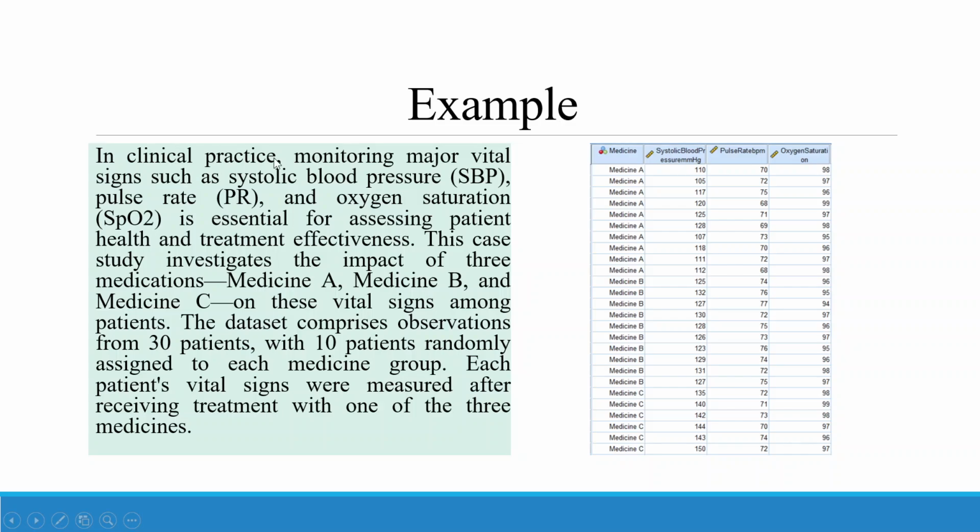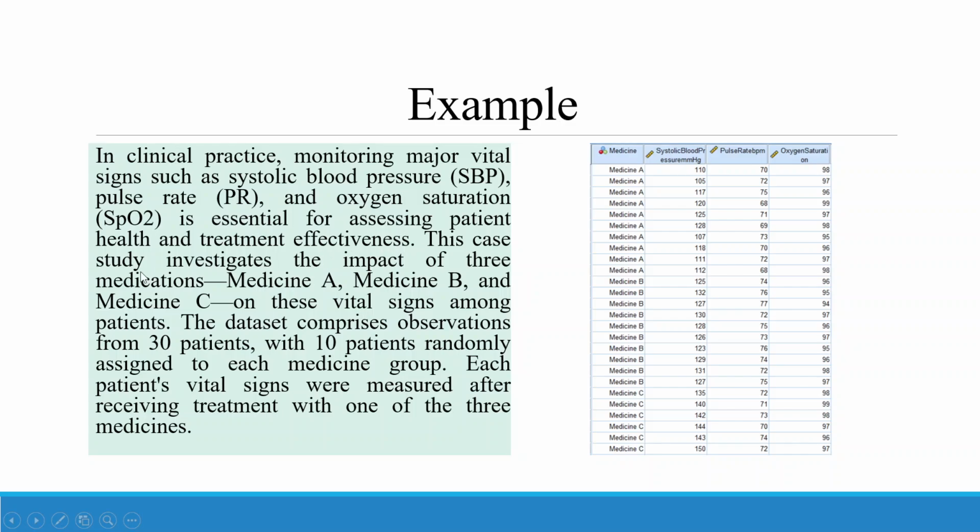In clinical practice, monitoring major vital signs such as systolic blood pressure, which is in the second column, pulse rate, third column, and oxygen saturation, SpO2, fourth column, is essential for assessing patient health and treatment effectiveness.